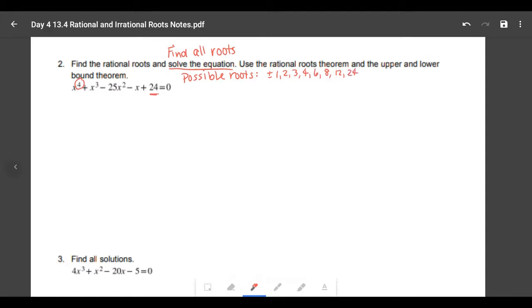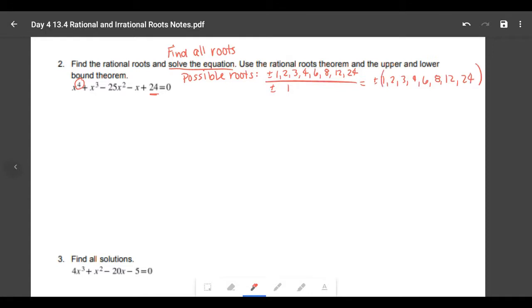Any of those could be positive or negative. And then the factors of my lead coefficient, which are 1. So it's any of these numbers in the numerator over 1. So it could be plus or minus 1, 2, 3, 4, 6, 8, 12, or 24.